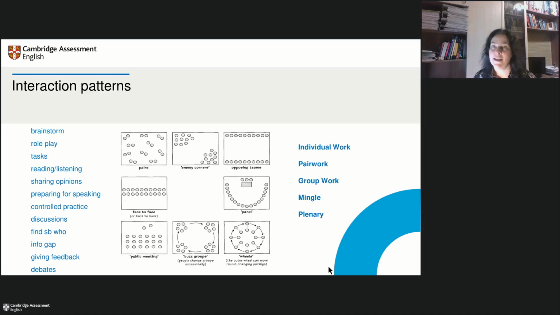And if yes, then probably you can regroup your students somehow, using onion rings, for example, like you can see it here. When students work in circles and the outer circle will move, clockwise, for example, changing partners. And that's how you can drill something or play different types of games.